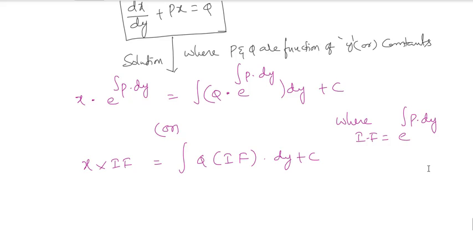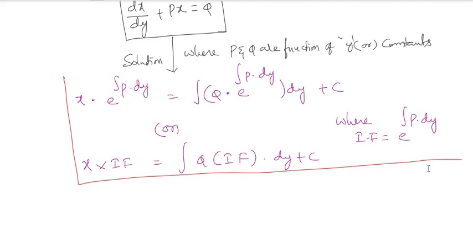Clear? That is the part of linear equation in x and linear equation in y. So directly you can have the solution based upon the given equation. Many times they ask the question directly based upon this.